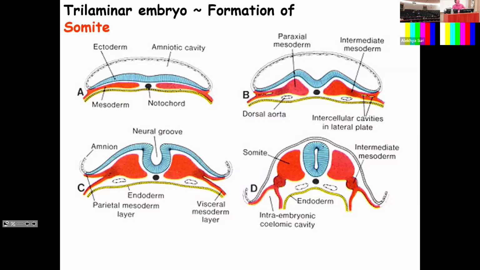They develop into somites, for example, which will give rise to dermis, myotome, or sclerotome. The myotome will give rise to muscle, and the sclerotome will give rise to ribs. So one structure will give rise to another two or three structures. That's the main concept of embryogenesis.